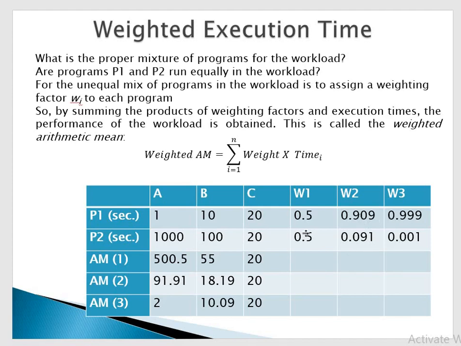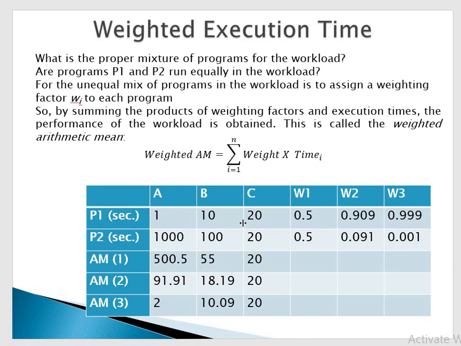Similarly, for the second machine, we will go with 10 into 0.909 plus 100 into 0.091, so it will give us 18.19 seconds. For the third machine, it will be 20, the sum of the products of 20 into 0.909 and 20 into 0.091, so it will give us 20. Similarly, we evaluate the arithmetic mean by assuming the third weighing factors for program 1 and program 2, and it will give us 10.09 and 20.